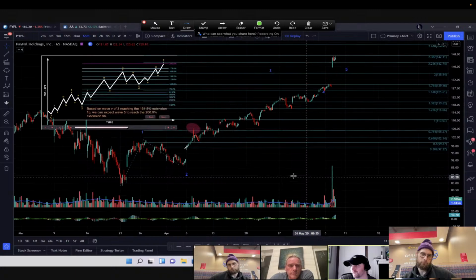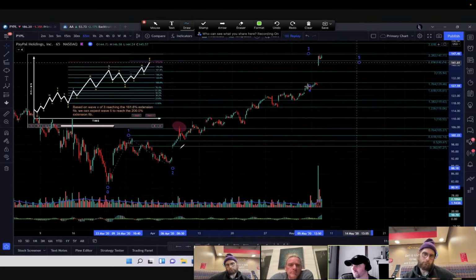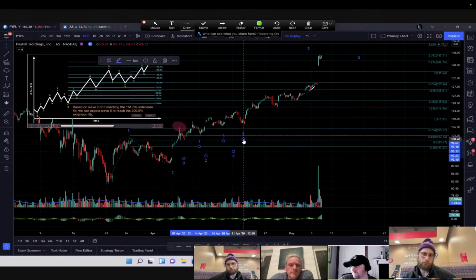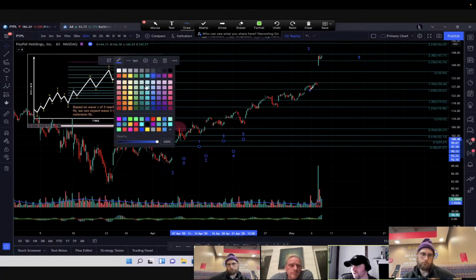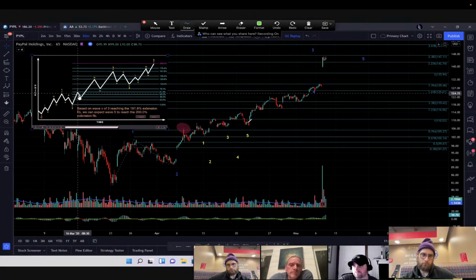I'm going to call that blue for right now, because that will grow. But if we're looking at just wave 3 to count those in the yellow, let's turn these yellow. We're just looking at wave I of wave 3, looking at the waves inside the wave.